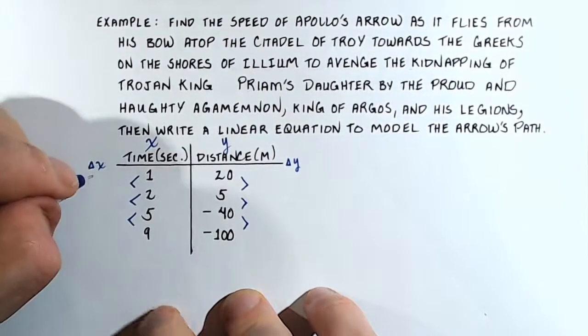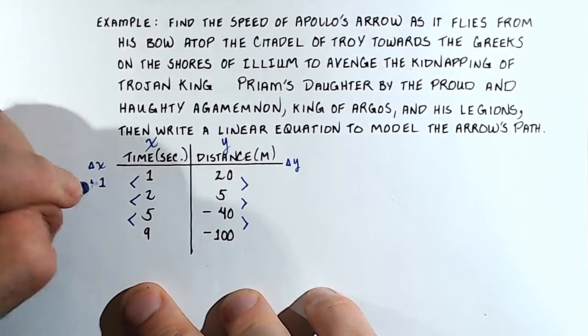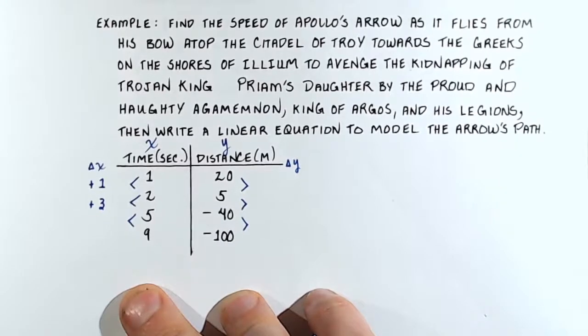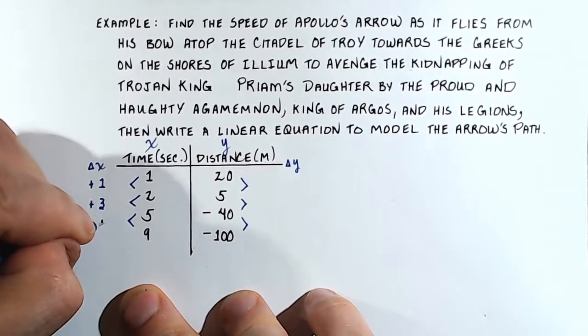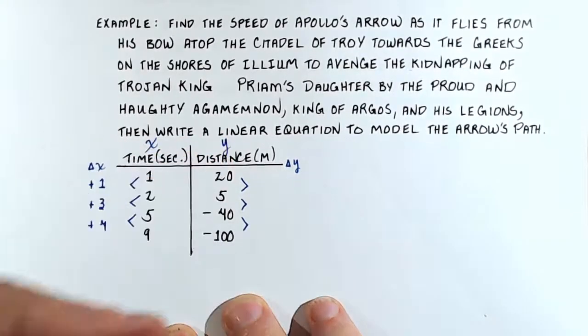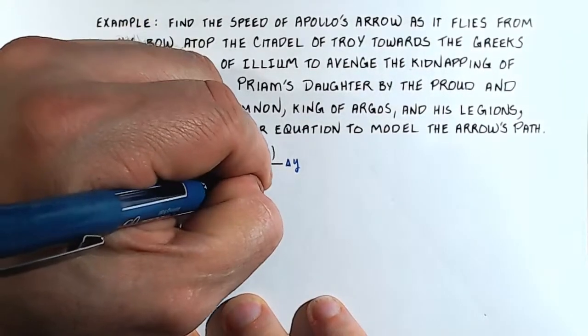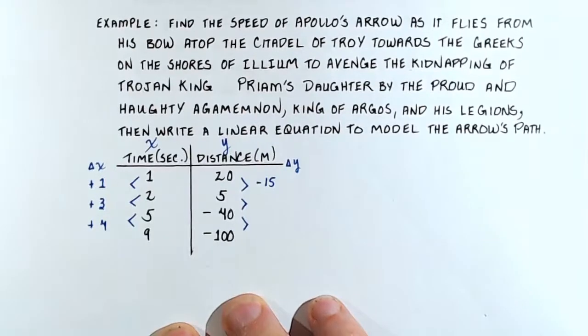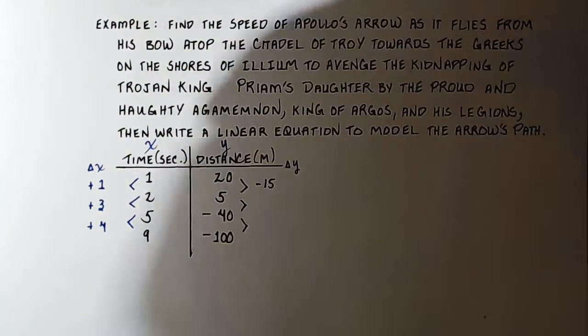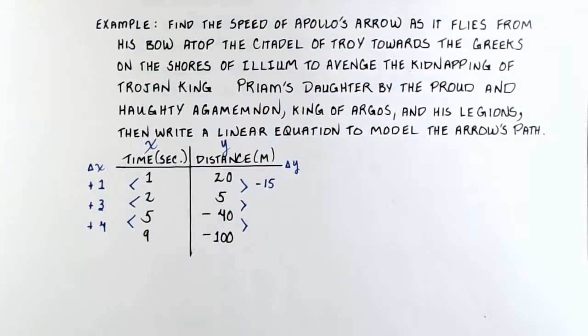So from 1 to 2, that's plus 1. From 2 to 5, that's plus 3. From 5 to 9, that's plus 4. From 20 to 5, that's minus 15. It makes sense that it's going down because Apollo would be shooting his arrow down at the Greeks.